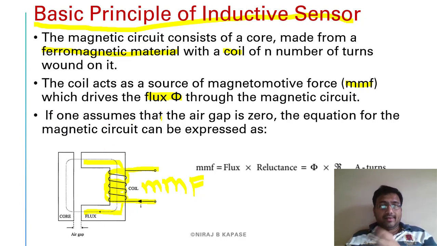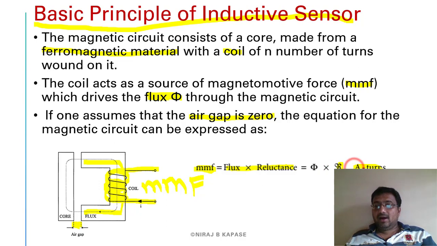If one assumes that the air gap is 0, where the air gap is between the flux path and the core, then the equation for the magnetic circuit can be expressed as MMF, that is magnetomotive force, equals flux times reluctance. So MMF equals phi into R, where R is the reluctance.